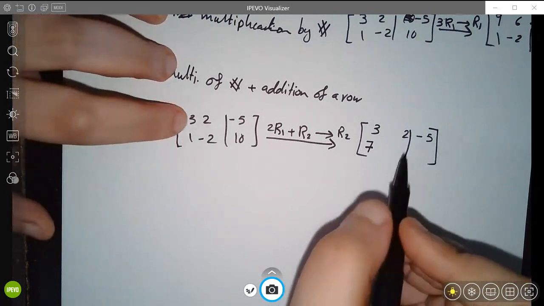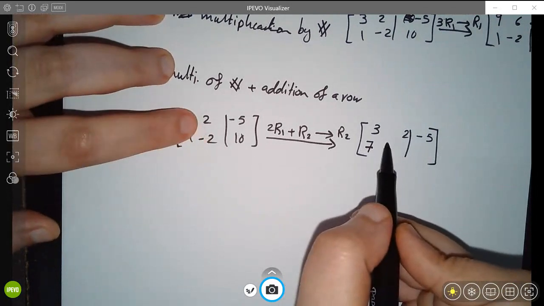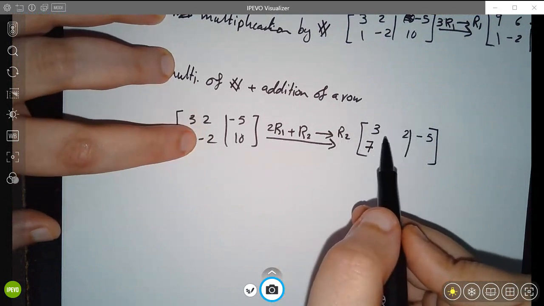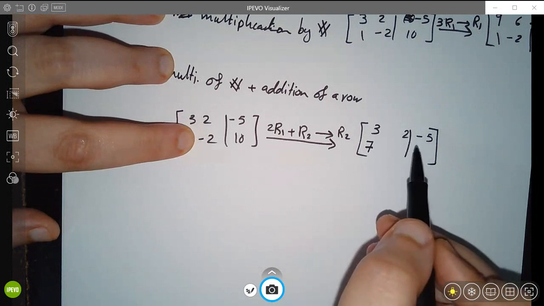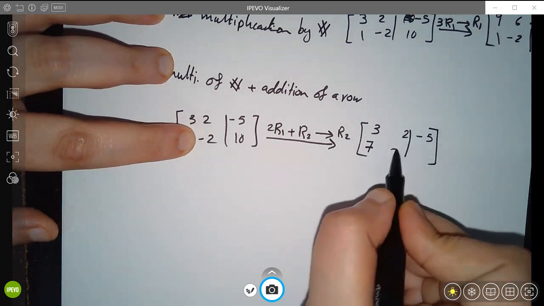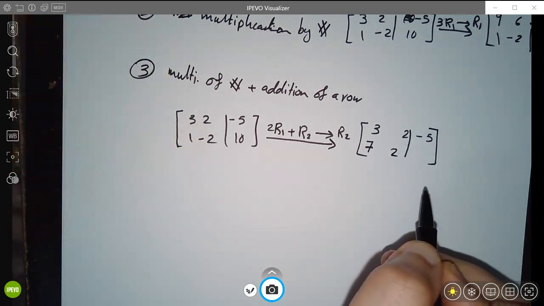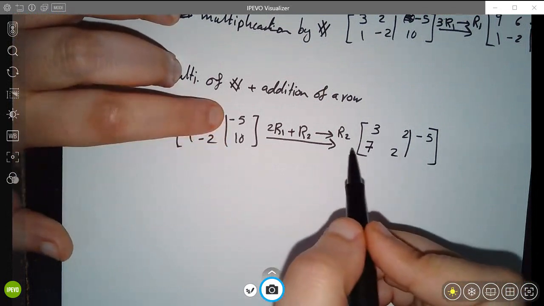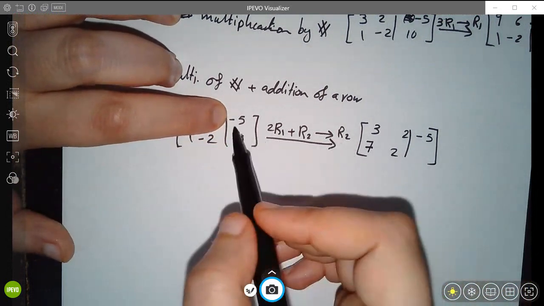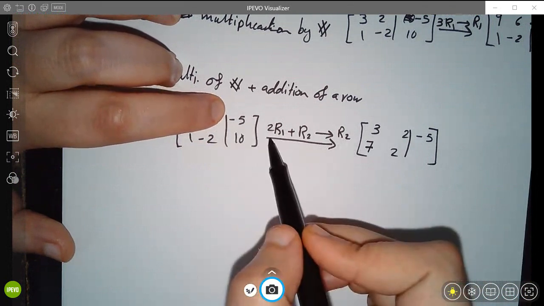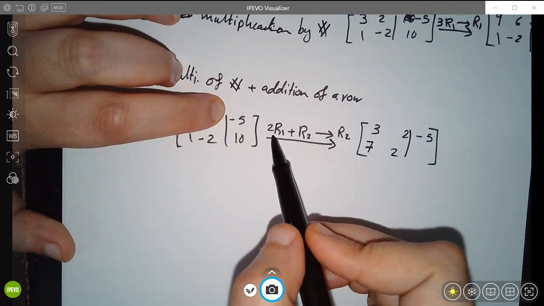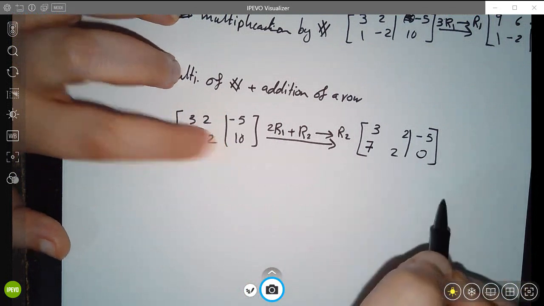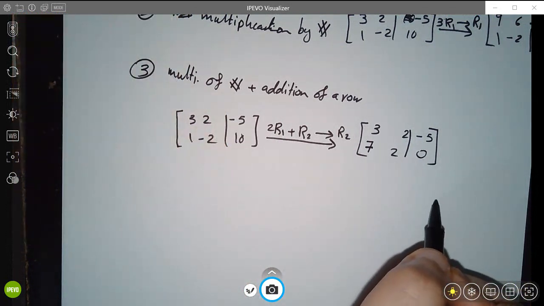Now you grab the second value. 2 times 2 is 4, plus -2, and that makes it 2. Now you have a -5. -5 times 2 is -10, plus 10, the answer is 0.